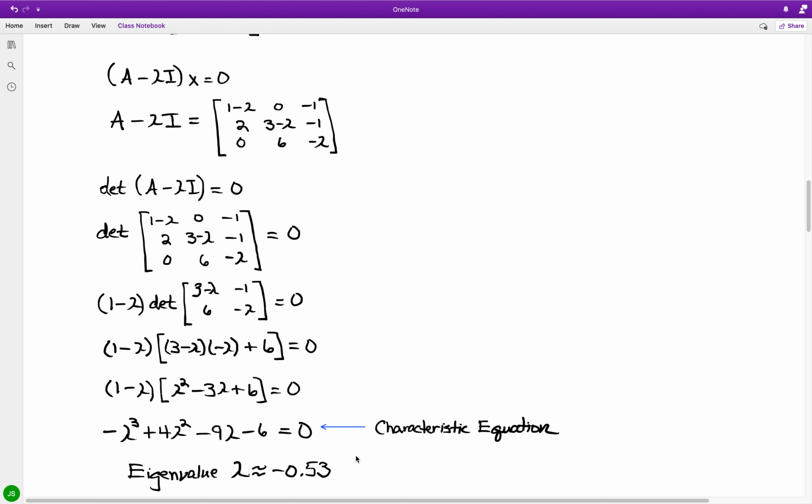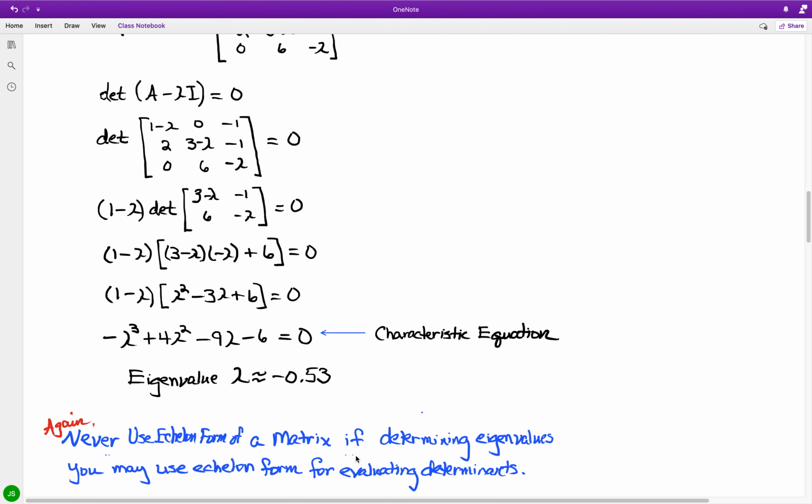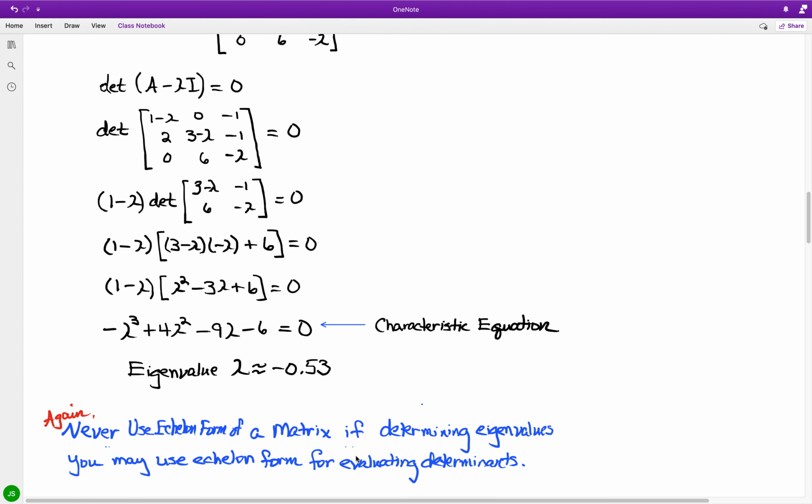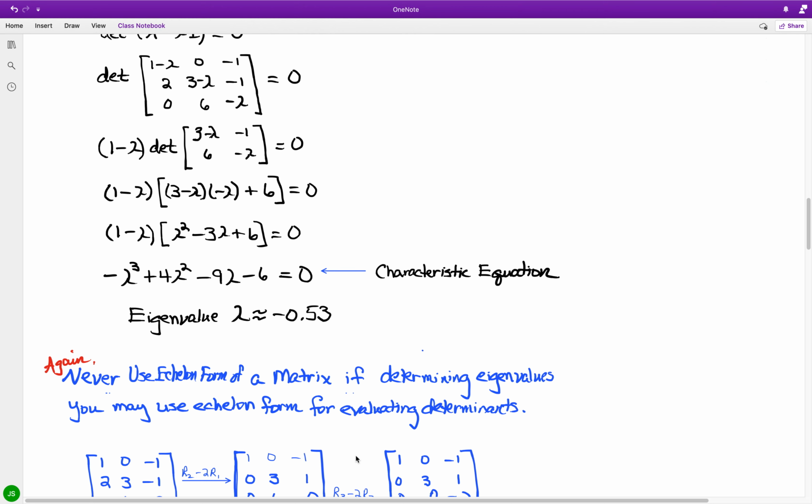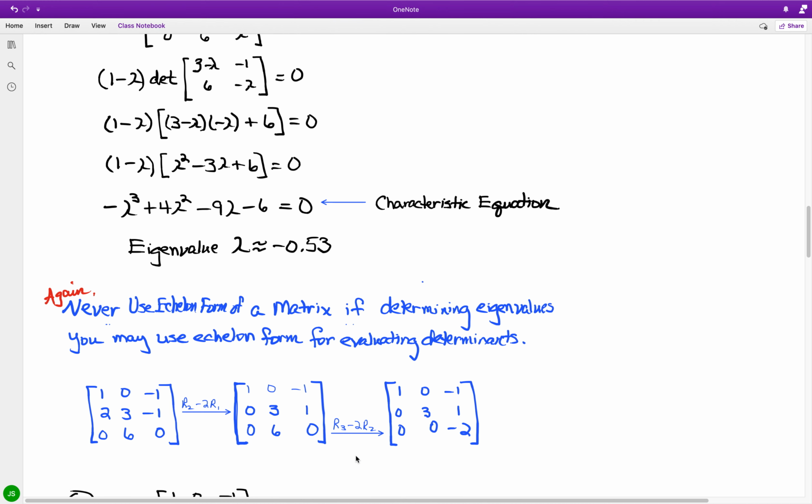Right. Now, just to restate, never use the echelon form of a matrix when determining eigenvalues, but you can use it for evaluating determinants. Now, for the third example, if I were to take the echelon form, I would come out to 1, 0, 0, 0, 3, 0, negative 1, 1, negative 2.